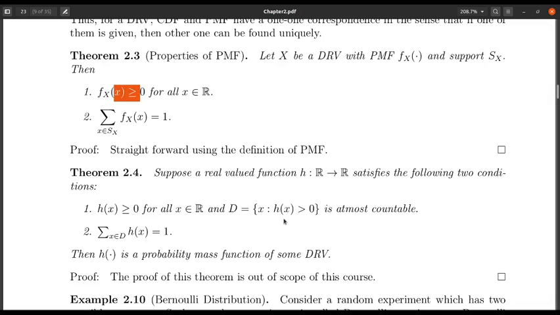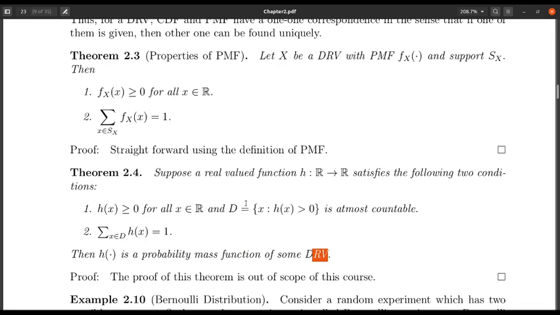And h(x) is strictly greater than 0 only on a finite set or countably infinite set, and this set is called D. So this D actually plays the role of the support here. And in this case, if I take the sum of this function h over D, and this sum turns out to be 1, then this function h will be the probability mass function, PMF, of some discrete random variable.